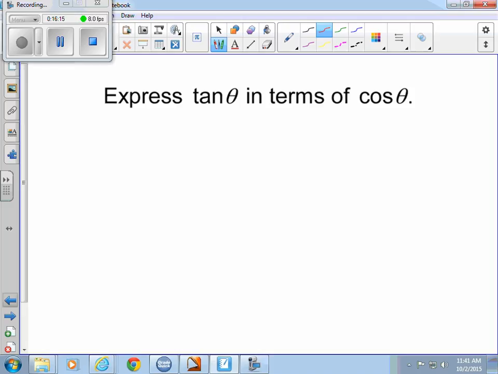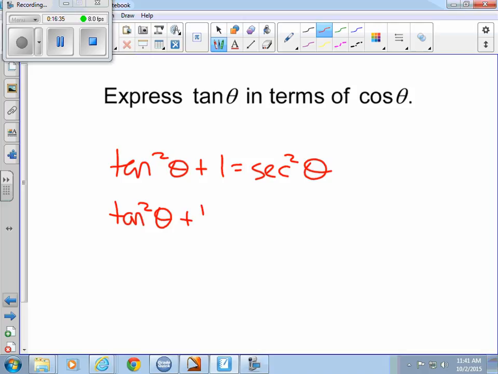Tan squared plus 1 equals secant squared theta. Why did you say that? Okay, there is a cosine involved in here, right? If I rewrite it, this is tangent squared of theta plus 1 equals 1 over cosine squared.